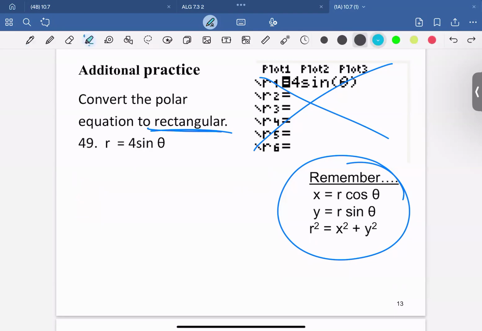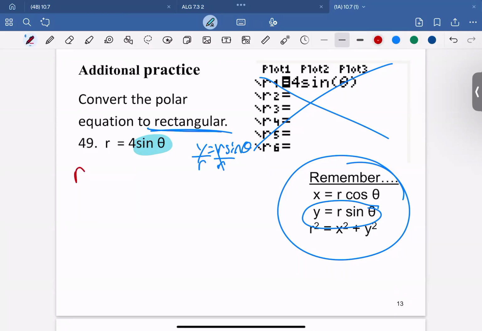But what do I see here? I see a sine theta. So I'm going to look at this sine equation and see how I can fit that in. Since we only have sine theta, why don't I move this R to be under Y so that I can plug in sine and substitute it.